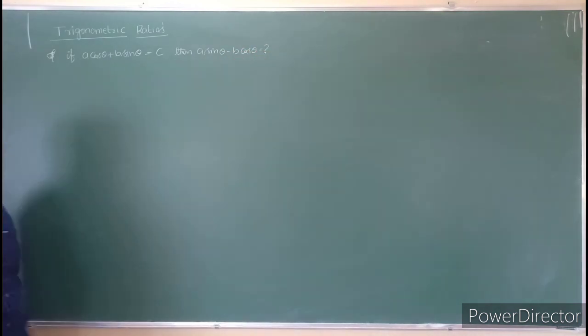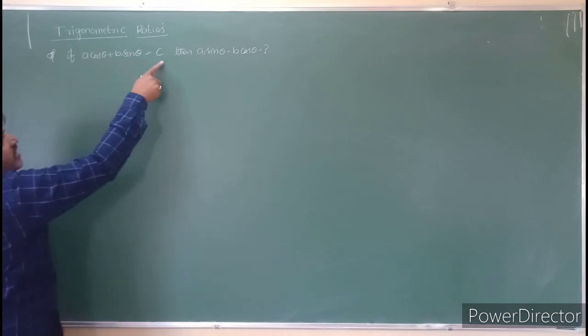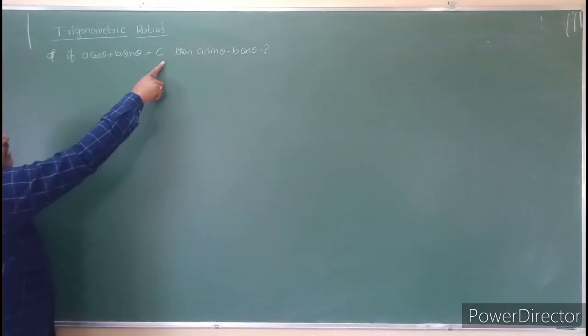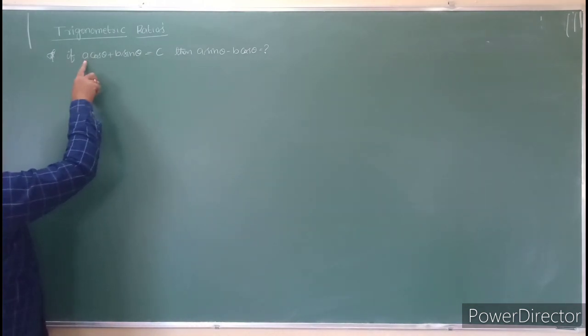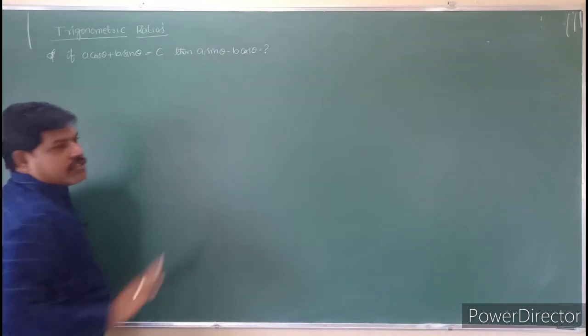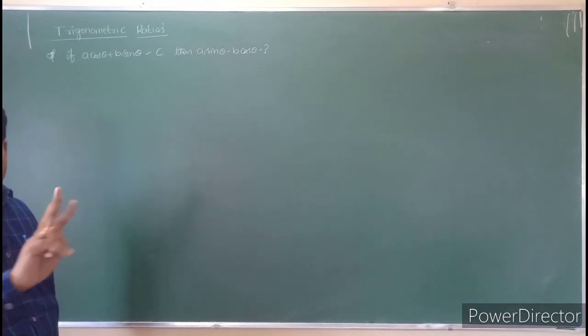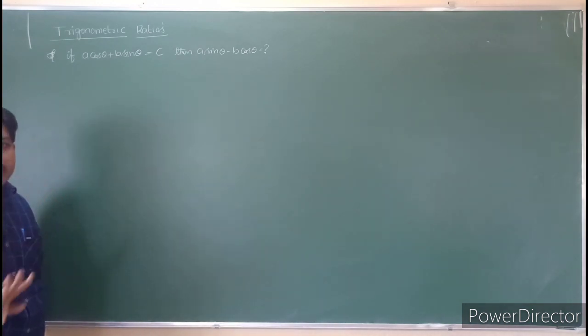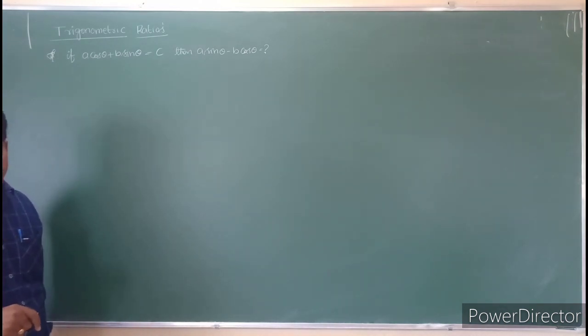So see students, A cos theta plus B sin theta value is C, they are asking. So what happens here? A cos theta plus B sin theta becomes A sin theta minus B cos theta. Are you understanding that? Both are reversed and the sign is also changed. What is that value? Okay. So see that question, how to solve these types of questions.